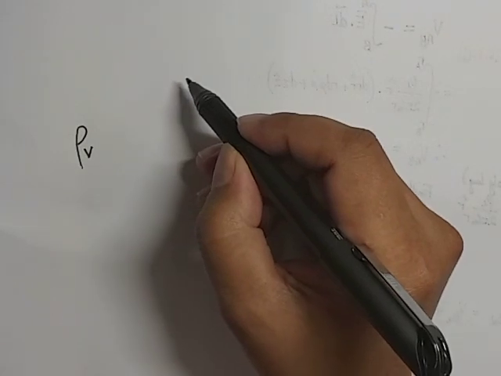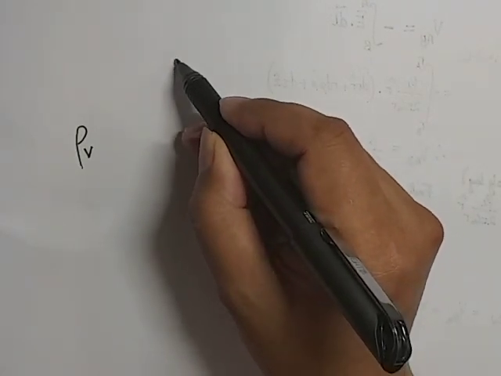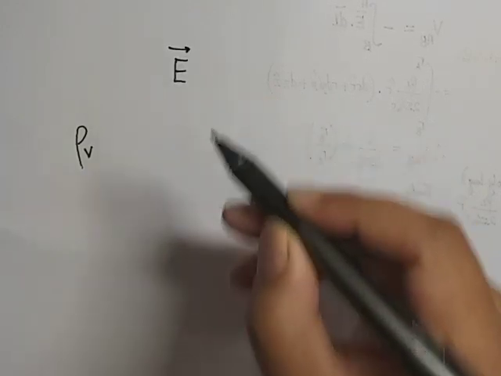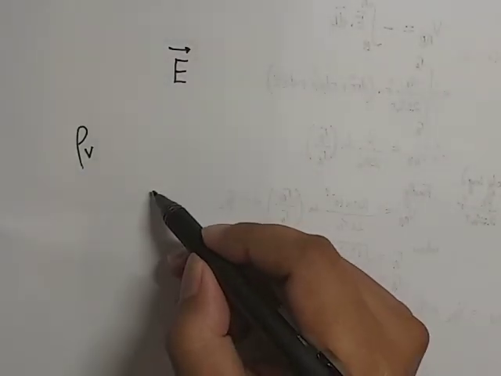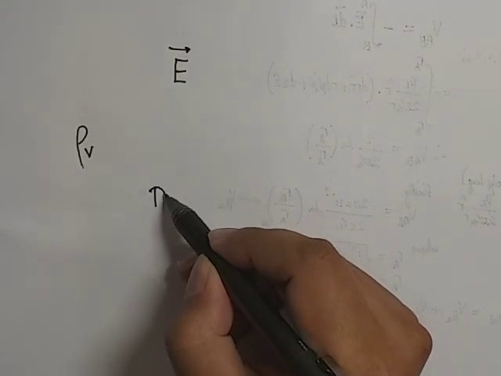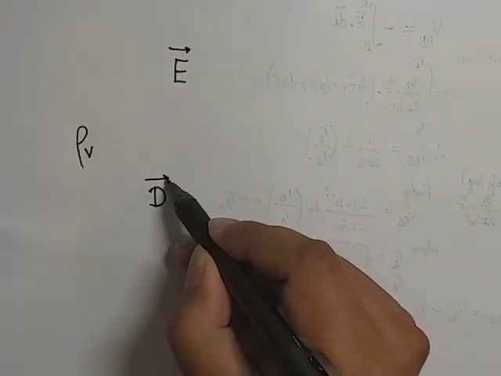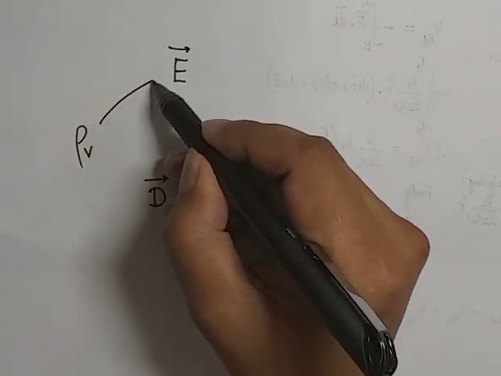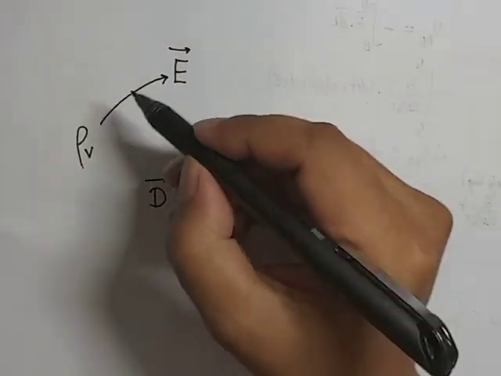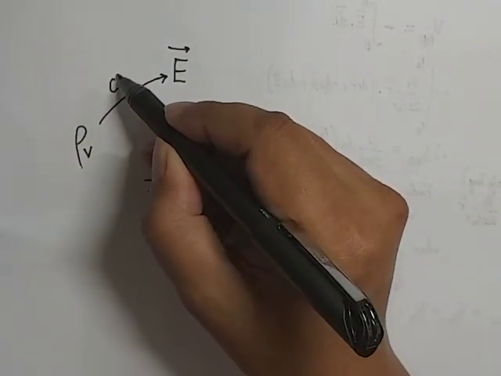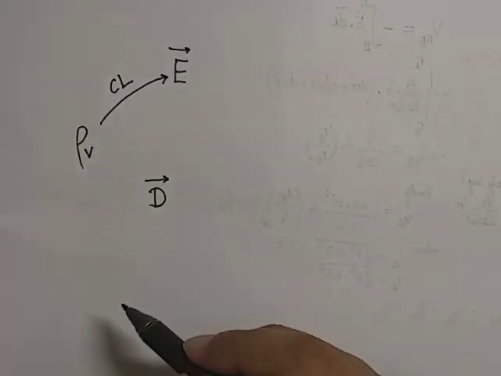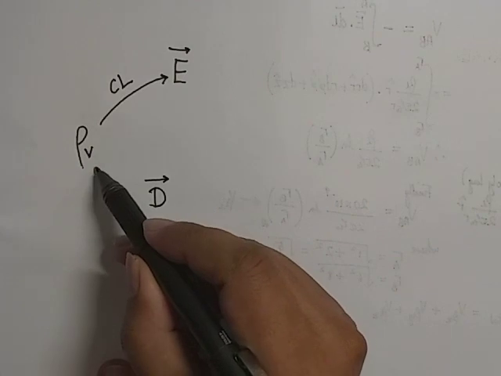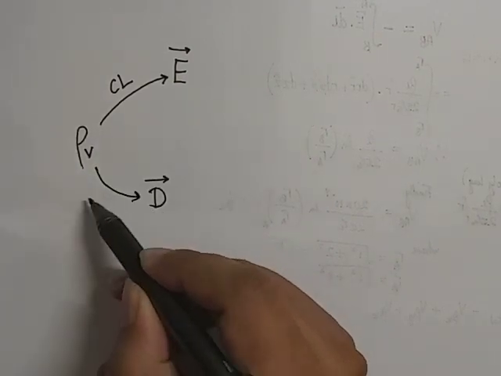This source generates the first field, known as electric field intensity, and the second type of field we denote as electric flux density. To obtain electric field intensity from the source, we can adopt Coulomb's law, or we can find electric flux density by utilizing Gauss' law.